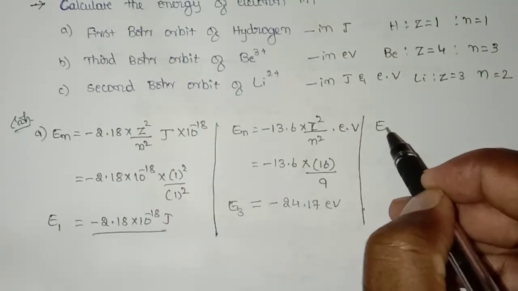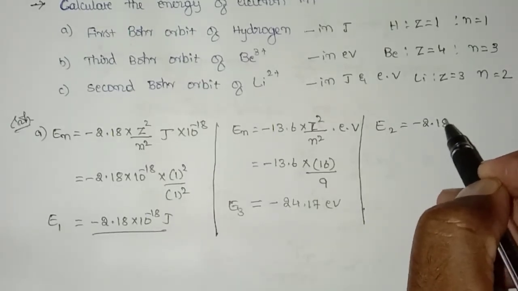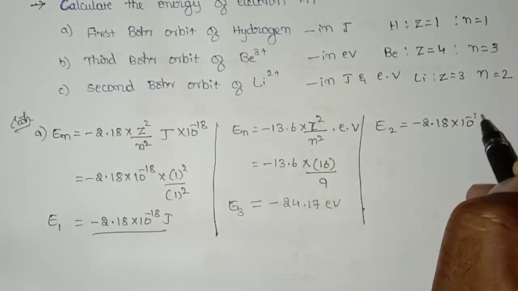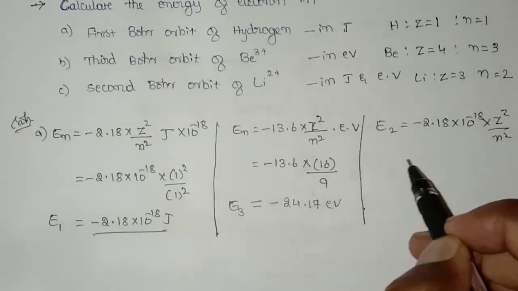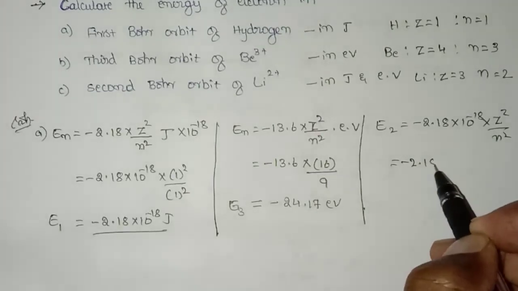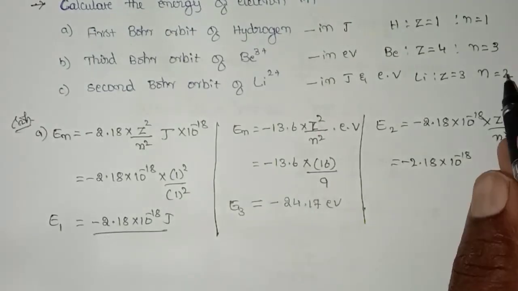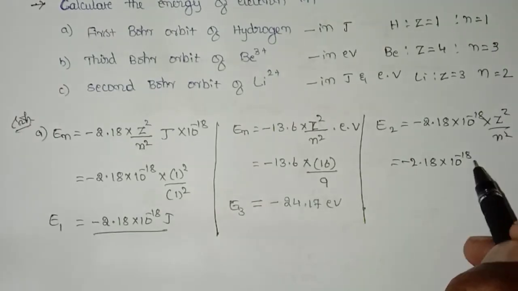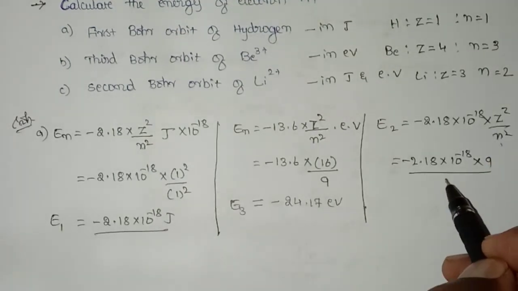So for E2, minus 2.18 into 10 to the power of minus 18 into Z square by n square. The value of Z is 3 and n is 2, so 3 3s are 9 and 2 2s are 4.